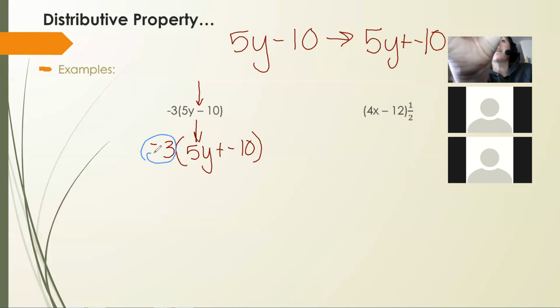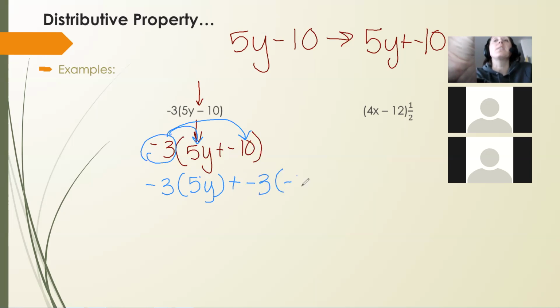Negative 3 has the candy. He's going to share with 5y and then share with negative 10. So we get negative 3 times 5y plus negative 3 times negative 10. And then what do I get when I simplify this further?